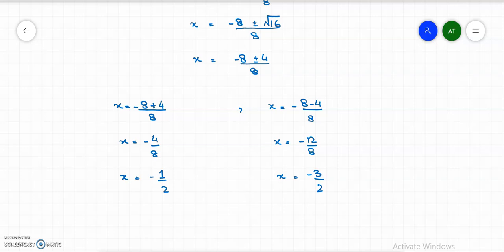We have to divide the numerator and the denominator by 4 to convert it into the lowest form. Now we have two x values, that is negative 1 by 2 and negative 3 by 2. So these are the two roots or the two zeros of the quadratic equation.